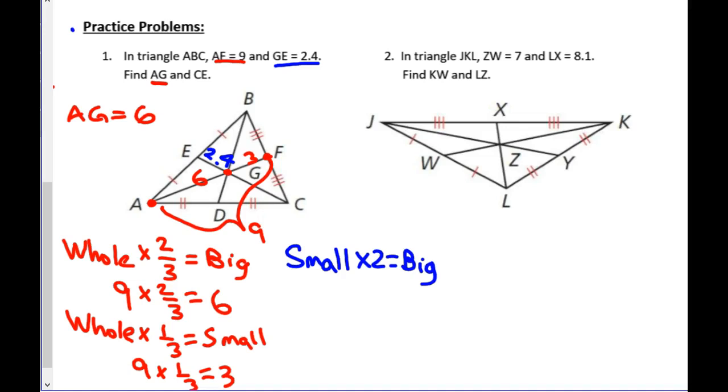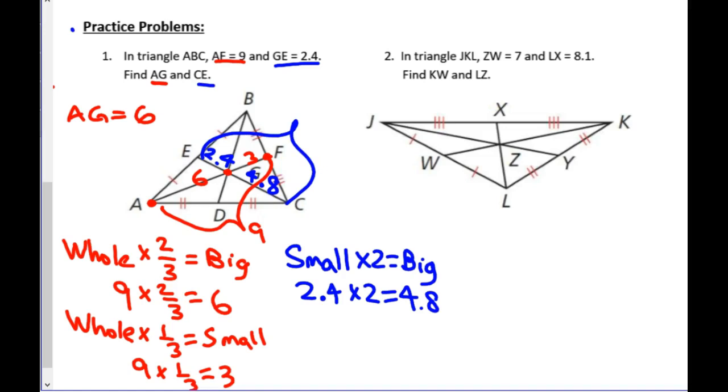So the small part is 2.4. Check it out. 2.4 times 2 is what? So my big part, which is G to C, this is 4.8. Now, but hold on, I'm not looking for GC, I'm looking for CE, which is, hold on, CE is all the way across.